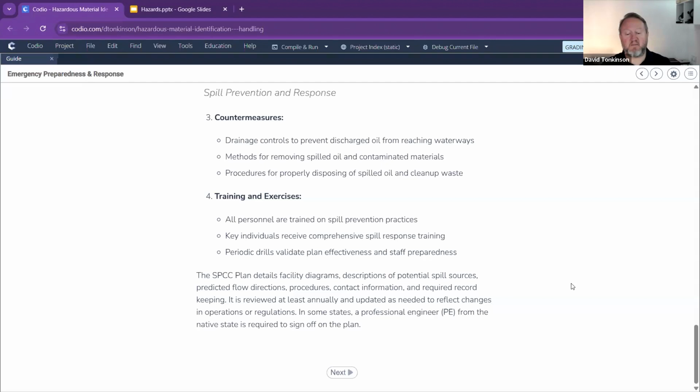Your SPCC plan details facility diagrams, a description of potential spill sources, and predicts the flow direction. So you will have a plan that you can read and that details procedures, contact information, and requirement records. I recommend, and this isn't true for all data centers, that your SPCC plan lives in what I call a grab bag.